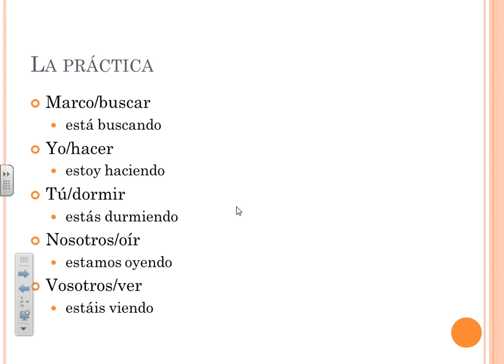Since you are sleeping, estar is conjugated in the tú form. Nosotros, en oír, estamos oyendo. We are listening, or we are hearing. So estar is conjugated in the nosotros form. And finally, vosotros, en ver, estáis viendo. Y'all are the ones doing the seeing, so estar is conjugated in the vosotros form.